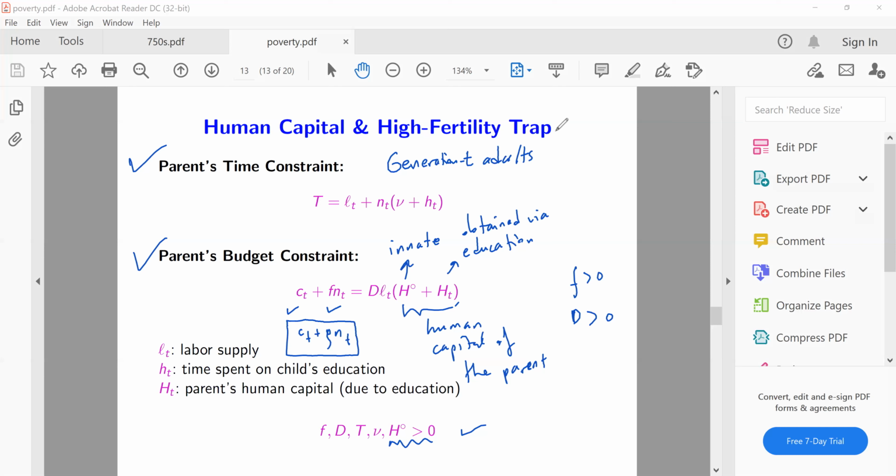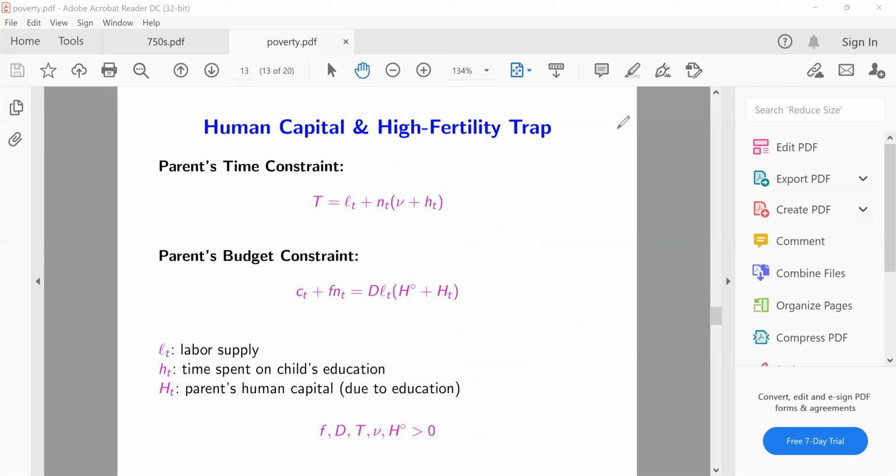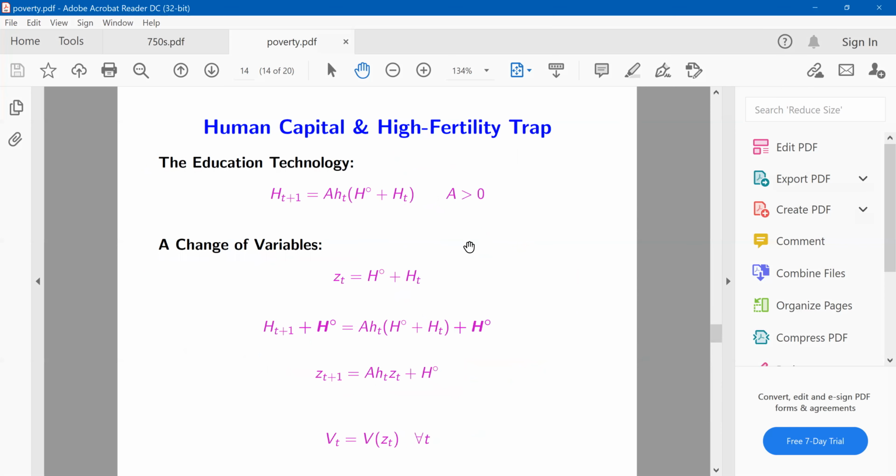So now, where do we go from this? Well, we also introduce education technology, right? In the education technology, we must specify how the education decisions of the parents today for their kids affect their children's human capital.